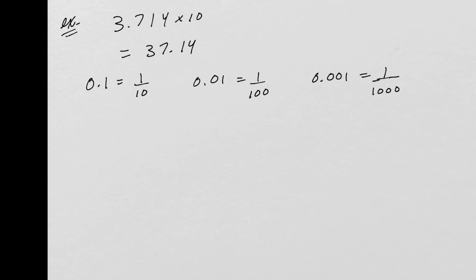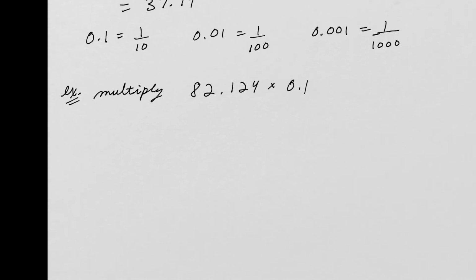So here's an example. Let's say I want to multiply 82.124 times, let's say 0.1. Okay, so again, if you forget these rules, you can always just do it out and you will get exactly the same answer, but let's do it here.